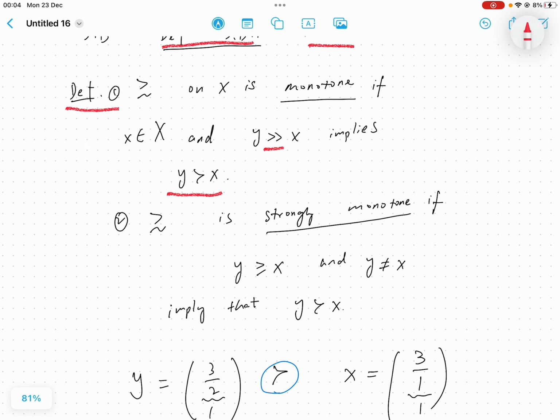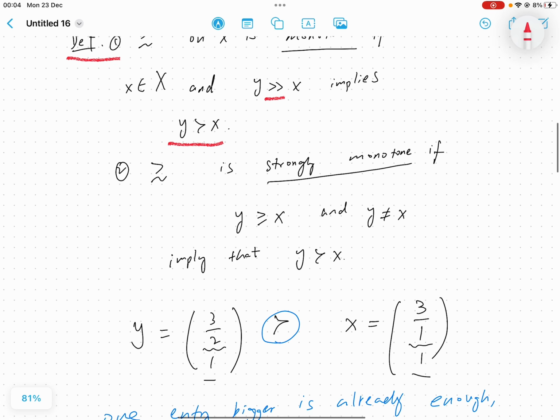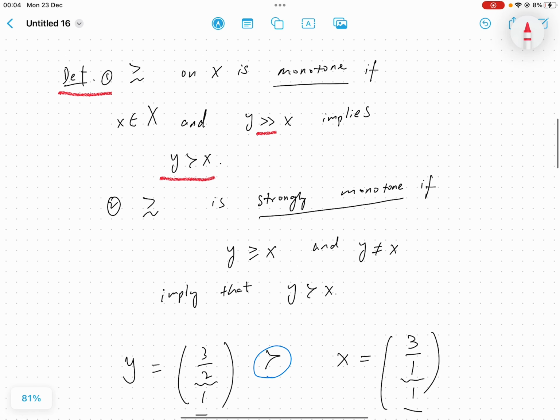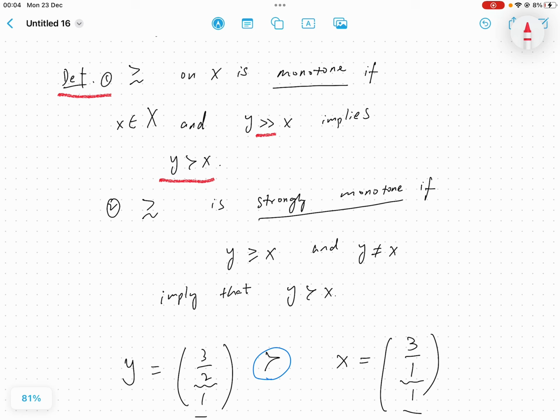We have a similar definition with a slight difference: now we want to define another property called strongly monotone, or strong monotonicity.